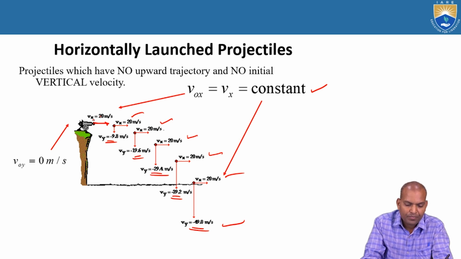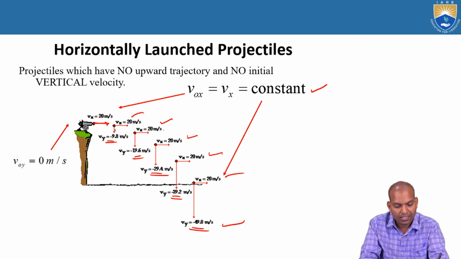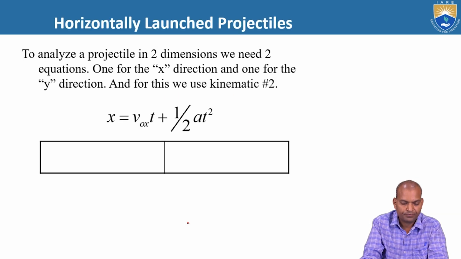In summary, the horizontal component doesn't change, remaining constant in both magnitude and direction, whereas the vertical component changes in both magnitude and direction. Here there is only a horizontal component, not a vertical throw, so even in the downward direction, the magnitude is getting changed.